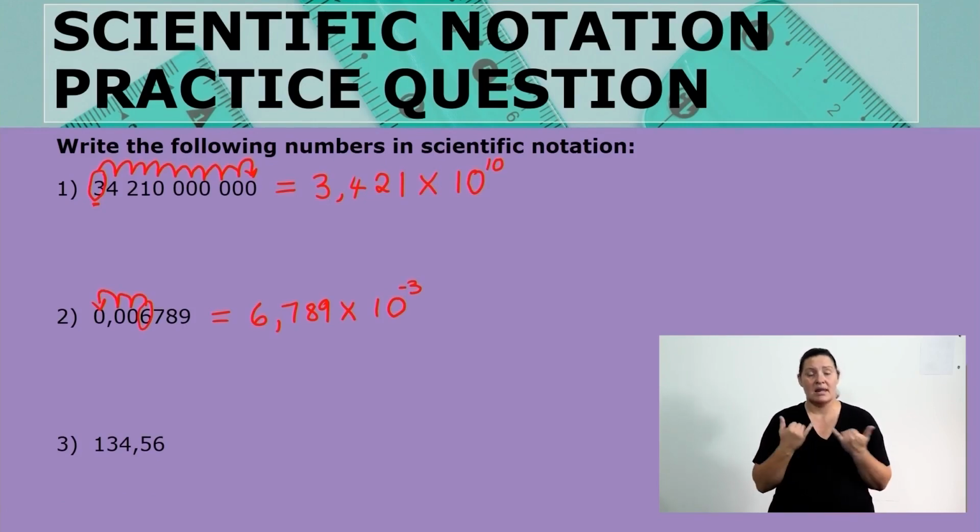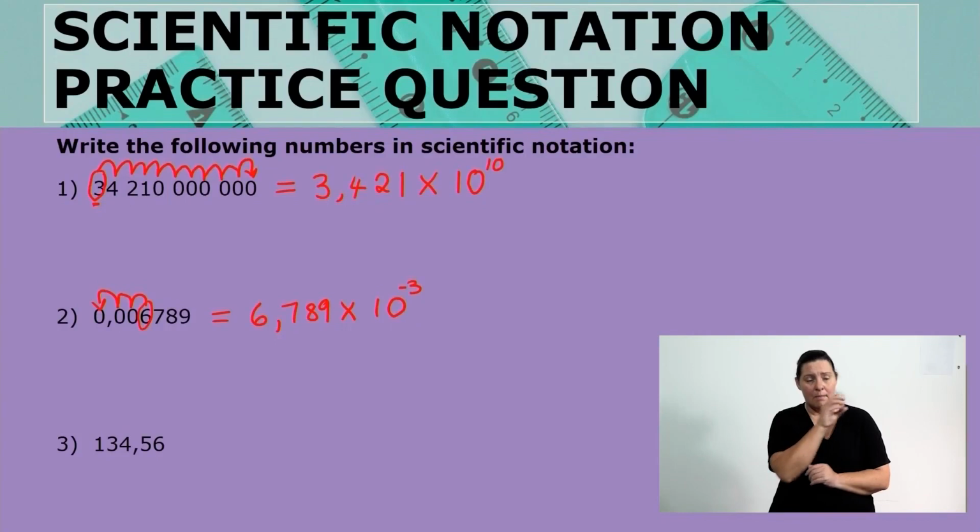And then our last example there is going to be 134.56. Now, you might think that this is already in a decimal form, but remember, our number needs to be between 1 and 10, or it needs to be equal to 1 or greater than 1 and smaller than 10. So that means we need to move that 100 to the ones position.